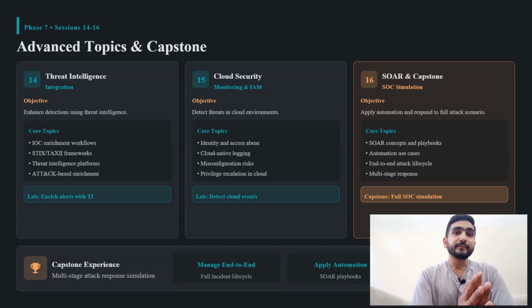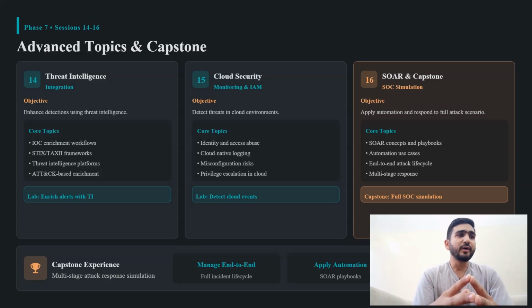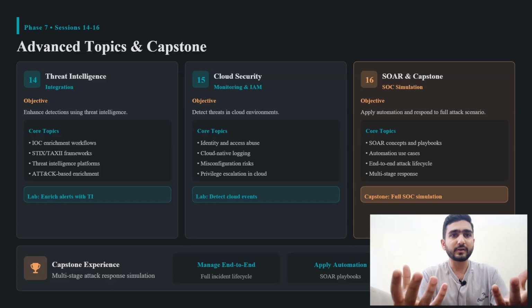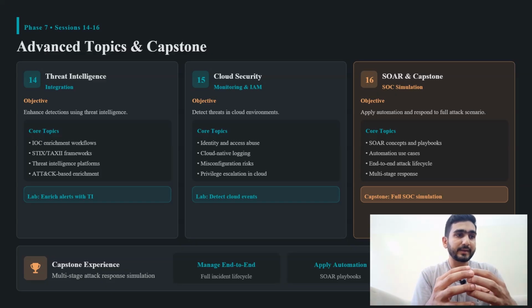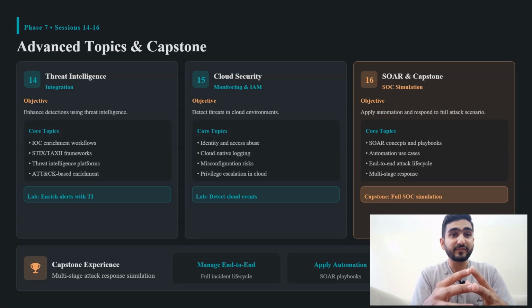network. In session number 16, we'll be talking about SOAR automation and SOC simulation. Nowadays, AI is very in. Everyone is talking about artificial intelligence and how AI can be used in different areas of information technology. Specifically in cybersecurity, they are speaking about what if we replace L1 or L2 with AI.